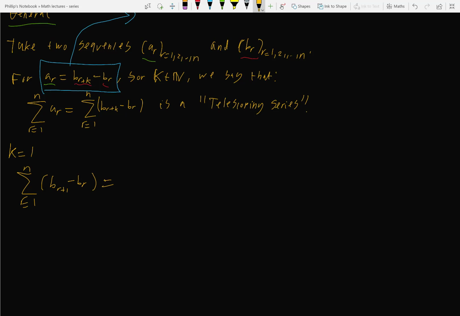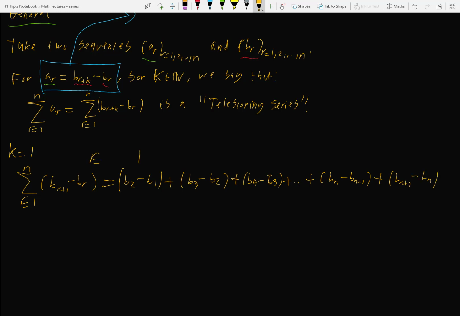This equals B_2 minus B_1, plus B_3 minus B_2, plus B_4 minus B_3, and so forth, going to n minus 1 here: B_n minus B_(n-1), plus B_(n+1) minus B_n.